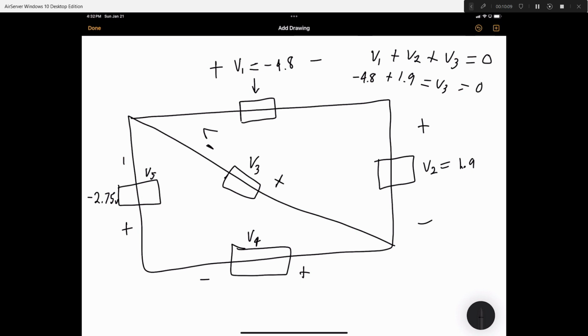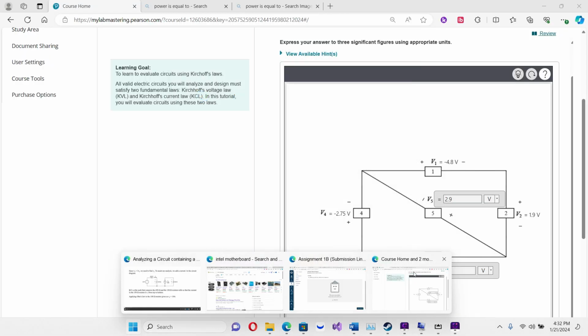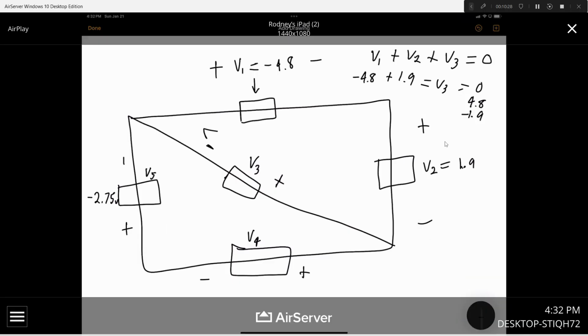Let's plus the 4.8 over, subtract the 1.9, and that will give us V3. V3 is equal to, let me go back real quick, 2.9. Yep, that math should add up to 2.9.